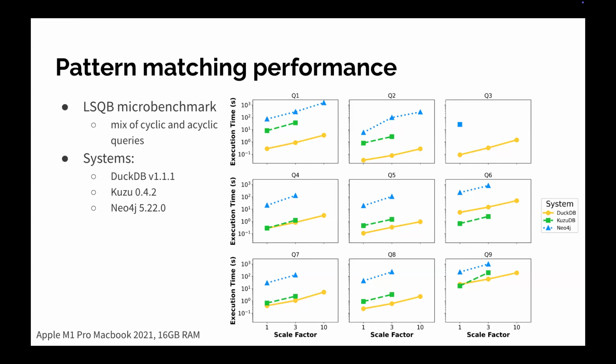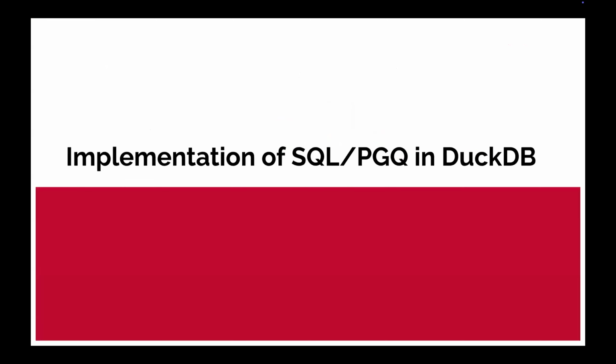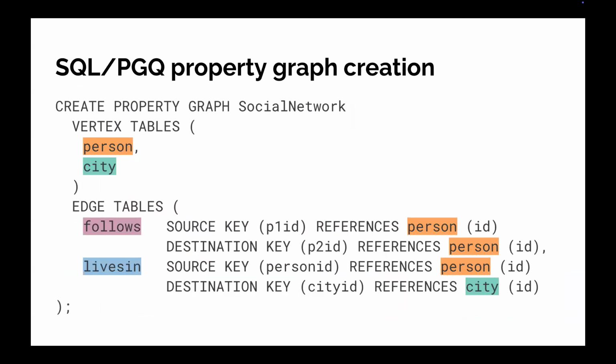So I think the standard lets you do too much, and it should be pushed back to SQL. It's also why, if I go back to the creation, there's the ability to specify the properties that your property graph can handle, which is a subset of the columns of one table.